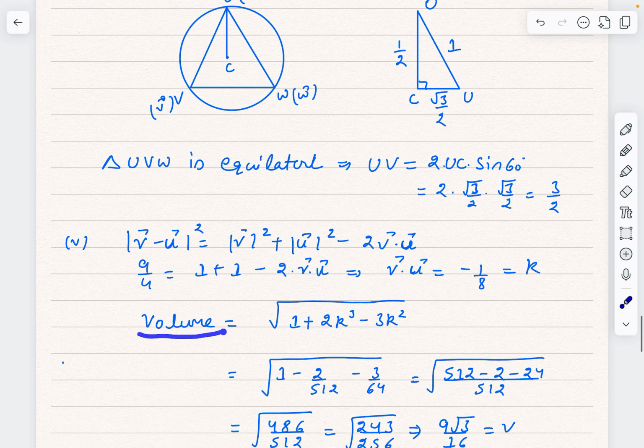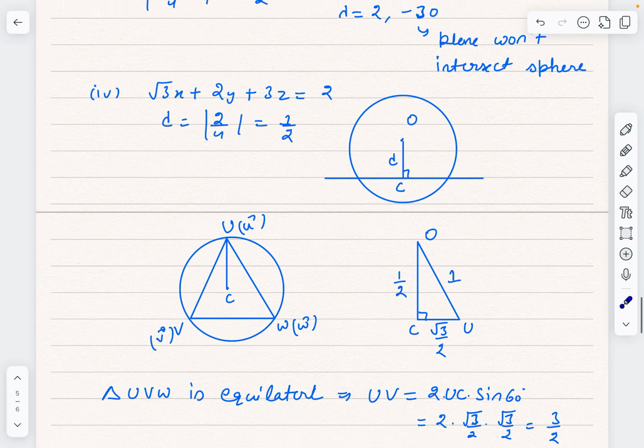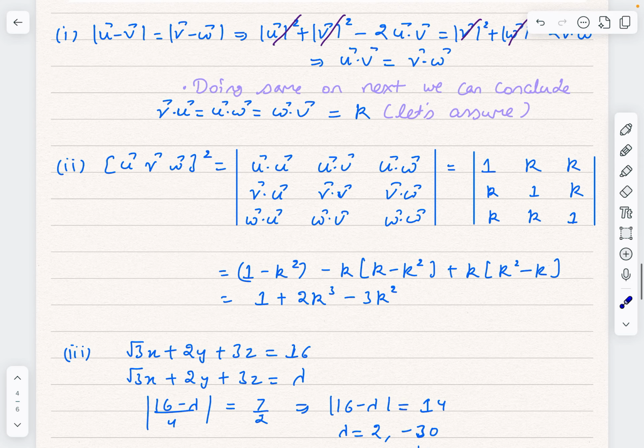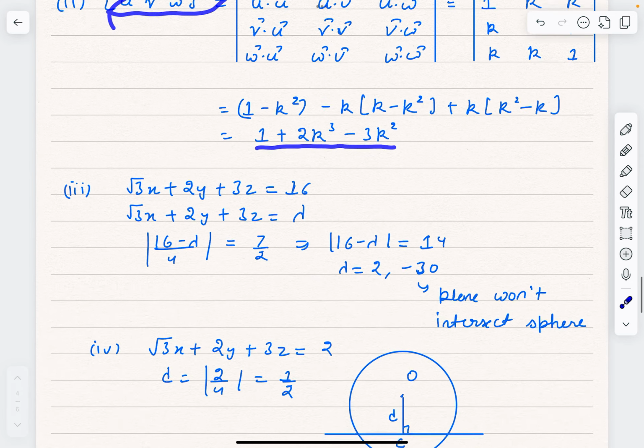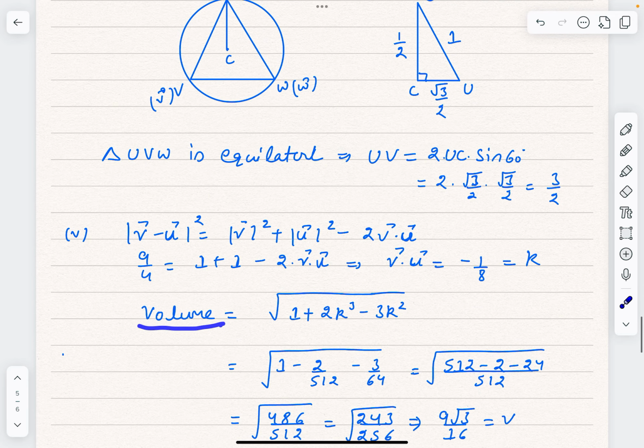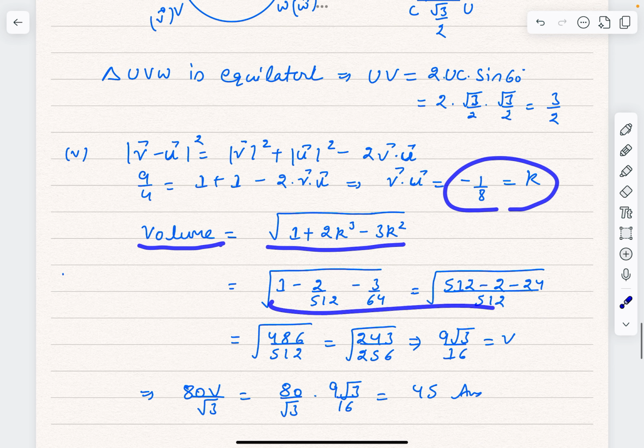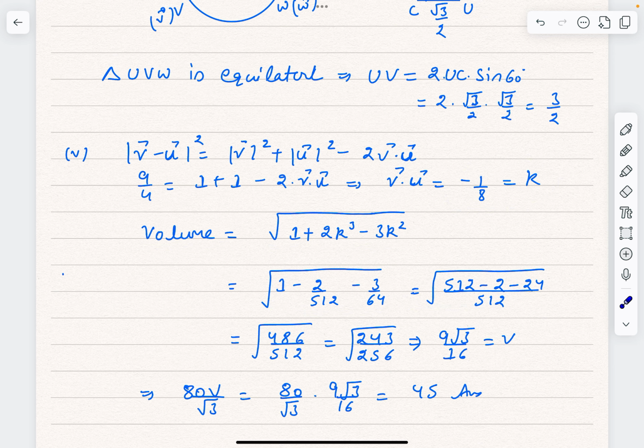And to find the volume, we discussed already, the box product ABC square was 1 plus 2k cube minus 3k square. So volume will be the square root of this, put k as minus 1 over 8. After we simplify, we get volume to be 9 square root 3 over 16. They're asking the value of 80 V over square root 3, which when you put, you get 45. That will be your final answer.